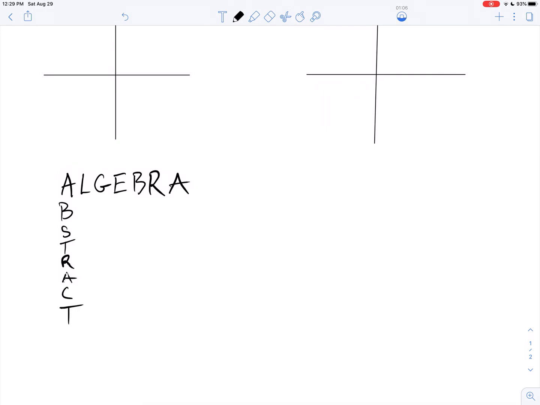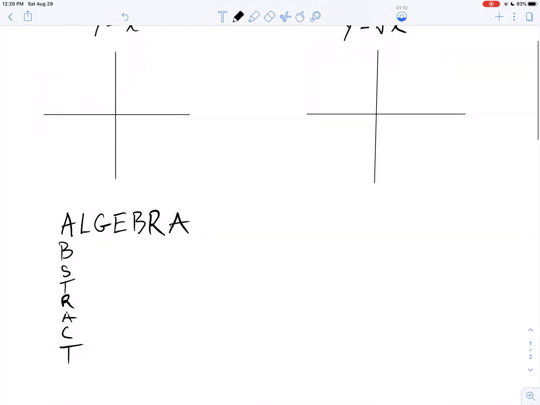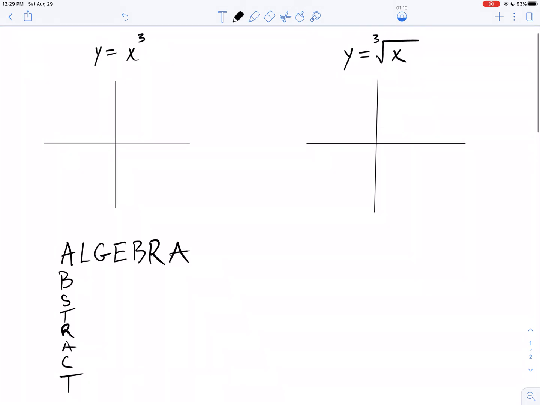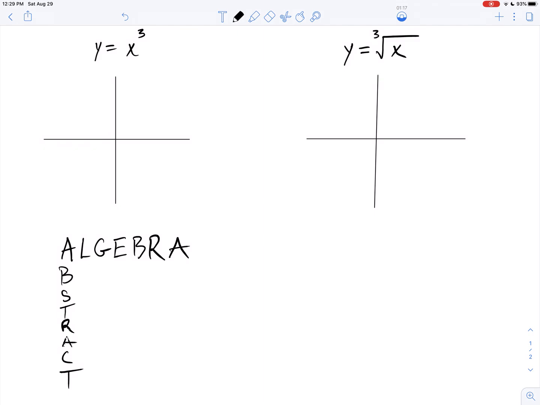So in algebra, the actual stuff you have to do is not that difficult, but understanding why it works or what it does is kind of weird.